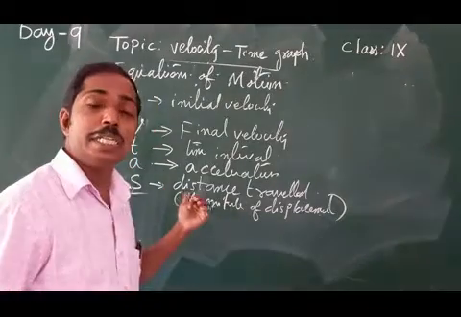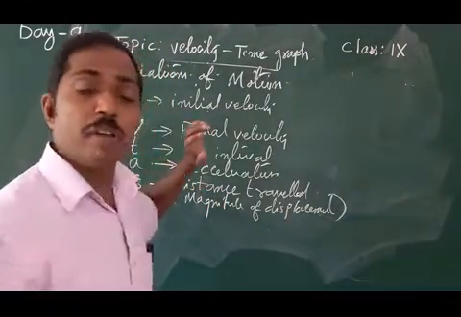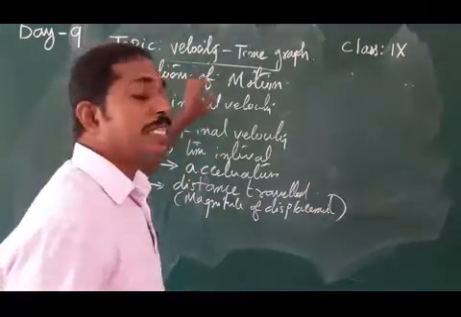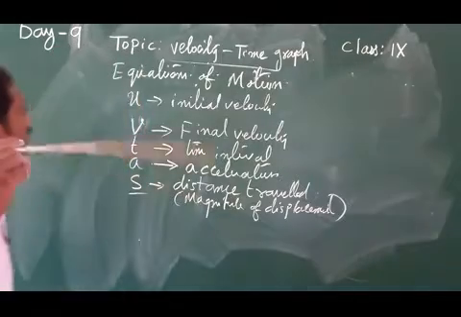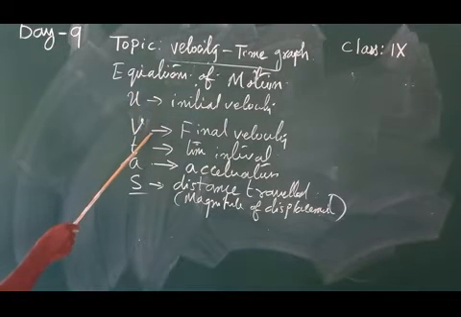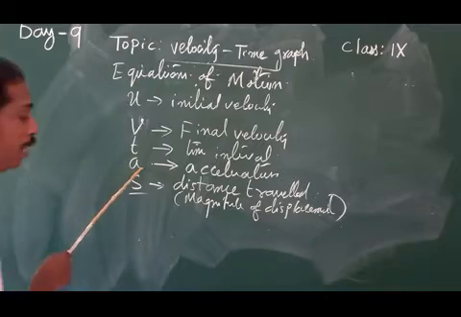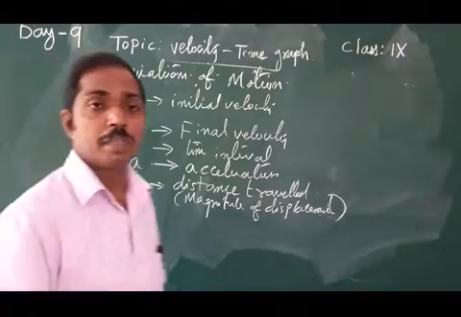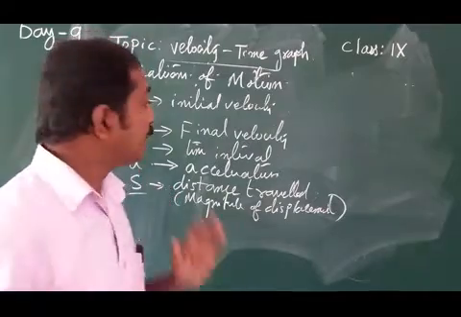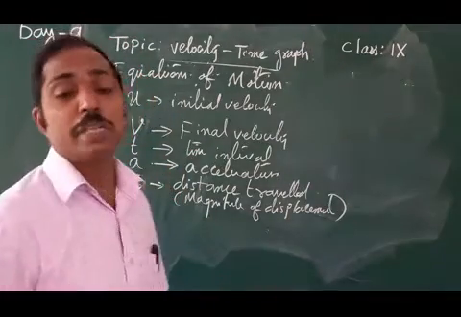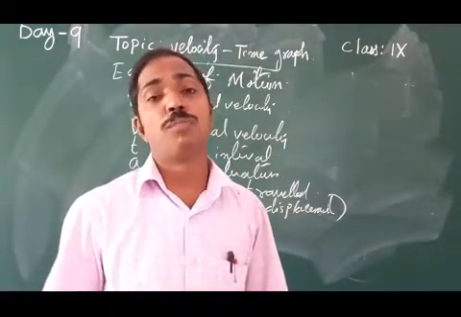Then s is the distance traveled. Then we can have three equations connecting these quantities: initial velocity, final velocity, time interval, acceleration, distance traveled. The set of equations are known as equations of motion.